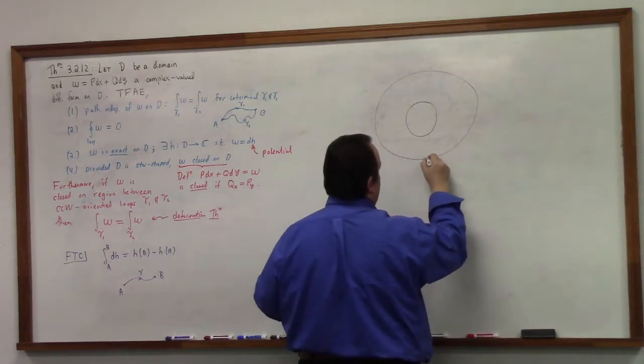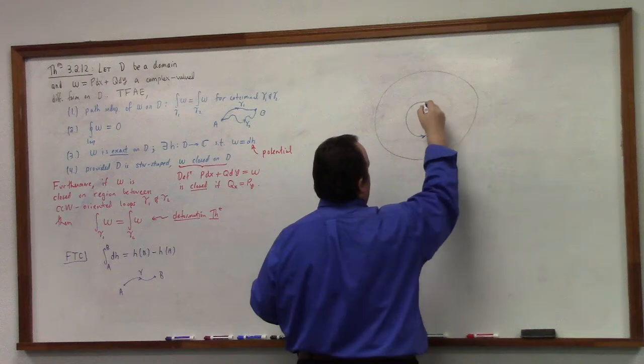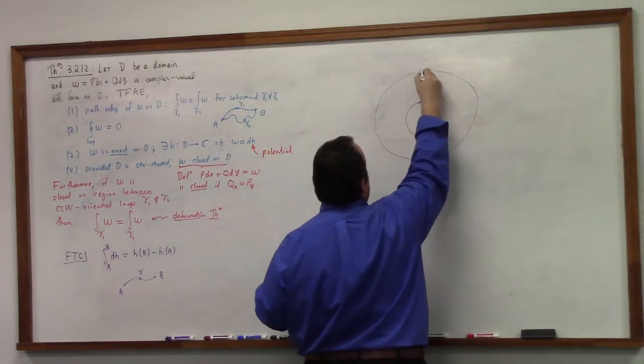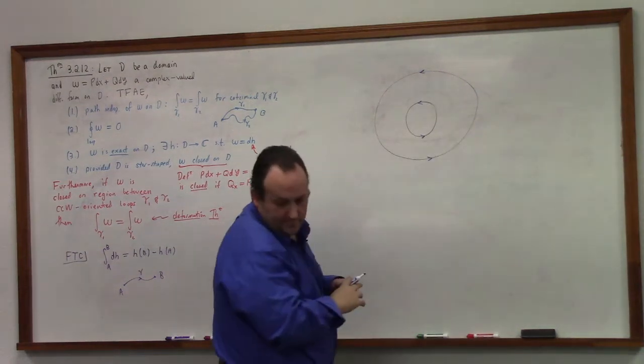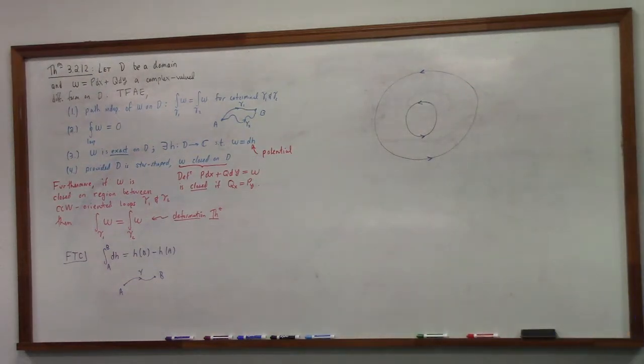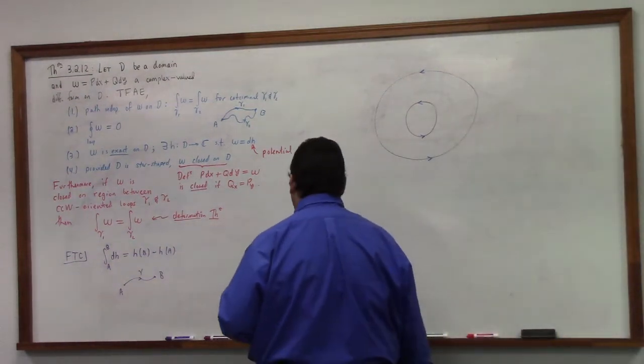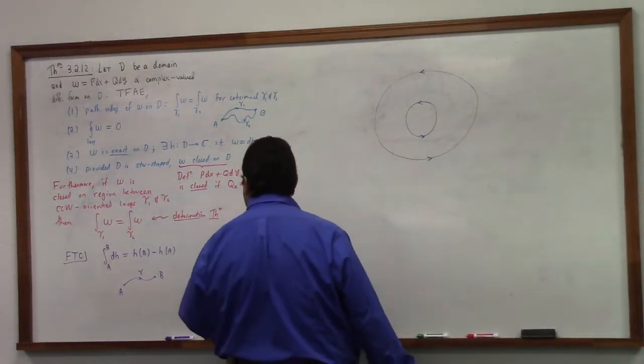So this one goes like this, and this one goes like that. One side's clockwise. Oh. Okay, I'm an idiot. So, all right, this is the problem.